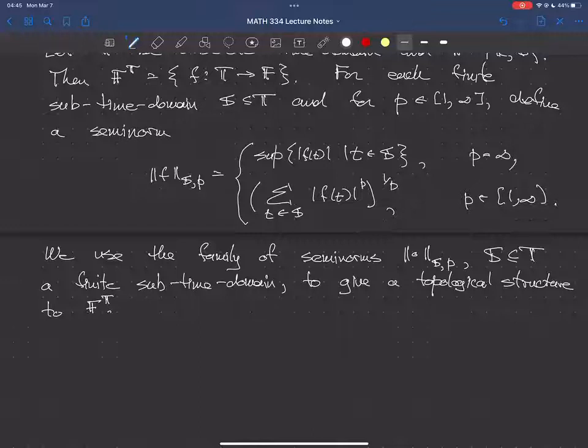And the way we do this is I will define this topological structure by telling you what the convergent sequences are.